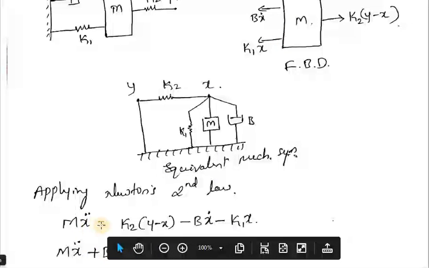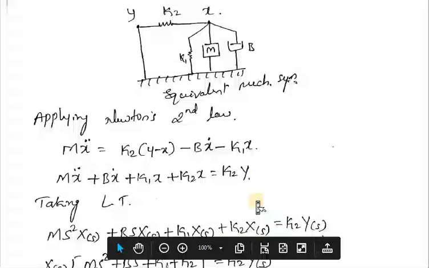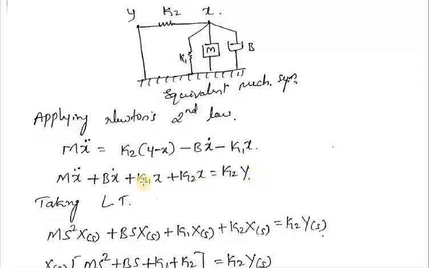So m x double dot equals k2 times (y minus x) minus b x dot, because they are acting in the opposite direction, minus k1 x. Simplify to get one displacement on one side and the other displacement on the other side. So m x double dot plus b x dot plus k1 x plus k2 x is equal to k2 y.